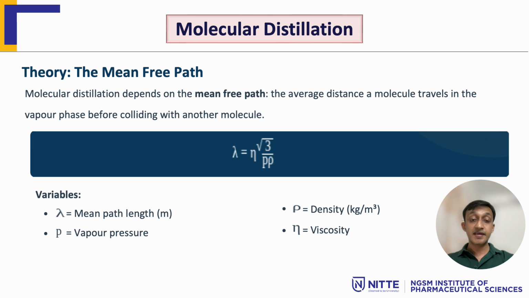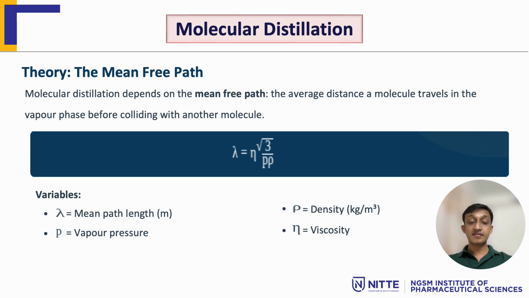This technique is particularly important when dealing with compounds that are thermally unstable, meaning they degrade even at moderately elevated temperatures. High molecular weight substances such as vitamins, lipids, and polymers. Highly viscous materials where conventional boiling becomes inefficient.